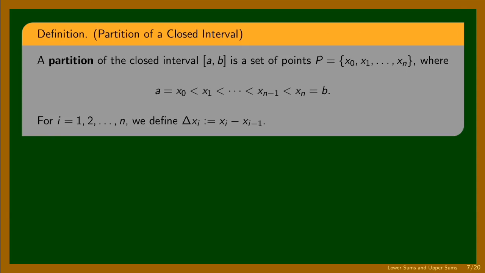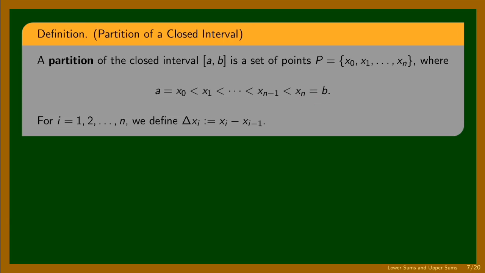A partition of the closed interval AB is nothing but a finite set of points x0, x1, ..., xn, where n is a natural number, so that x0 is the left endpoint A, x sub n is the right endpoint B, and all the points in this list are strictly increasing, meaning x sub 0, which is A, must be strictly less than x sub 1. x sub 1 must be less than x sub 2, and so on. x sub n minus 1 must be less than x sub n, where x sub n is equal to B.